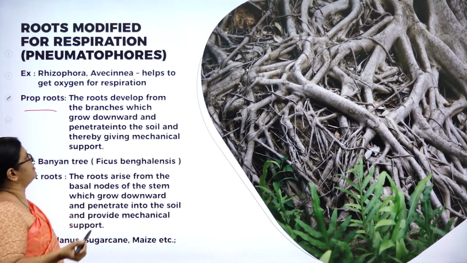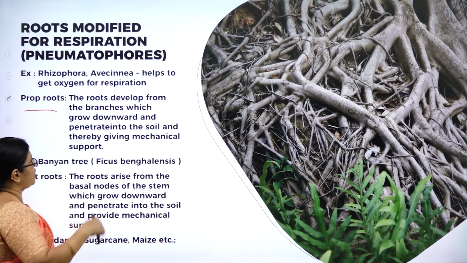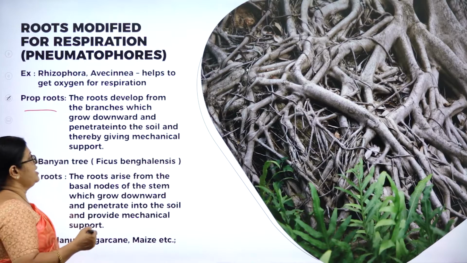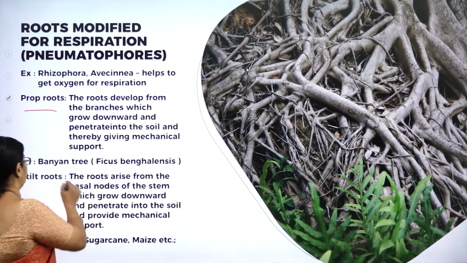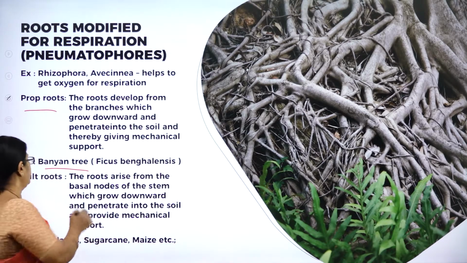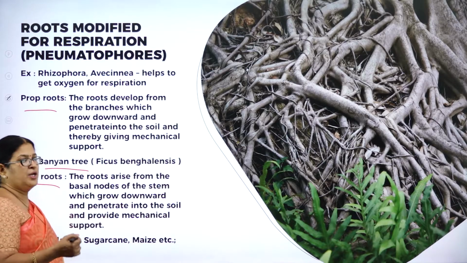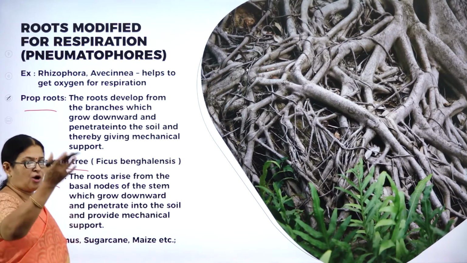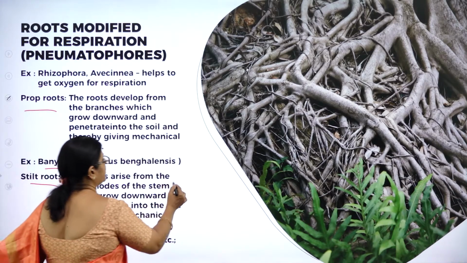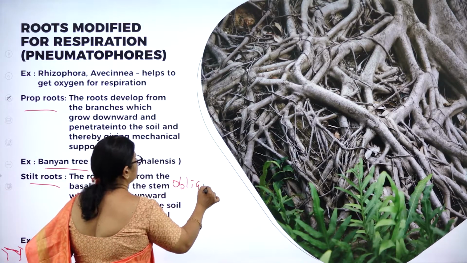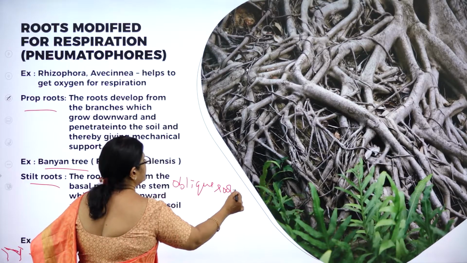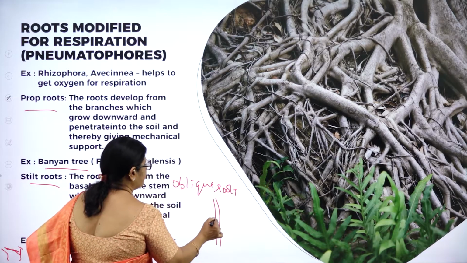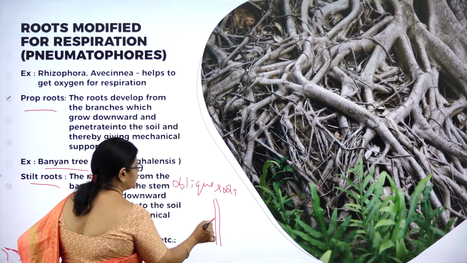Prop roots: the roots develop from the branches which grow downward and penetrate into the soil, thereby giving mechanical support. Example, banyan tree. Then the stilt roots: the roots develop from the nodes and internodes, forming oblique roots. Here, if this is the stem, they arise like this.